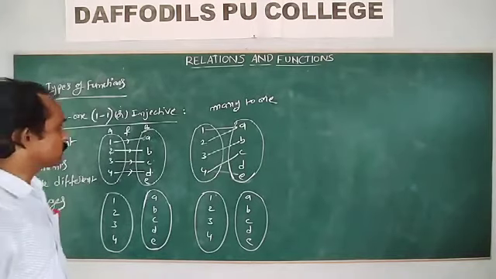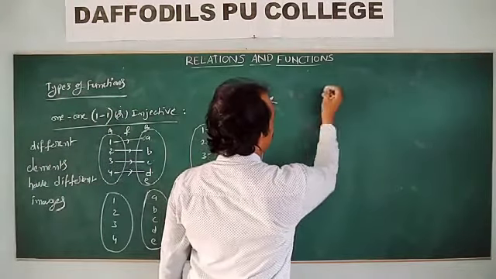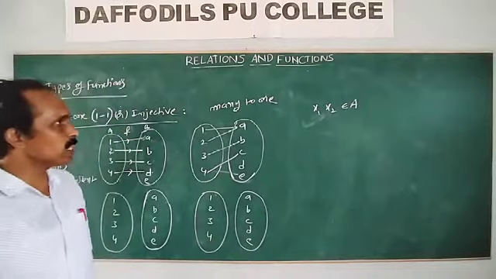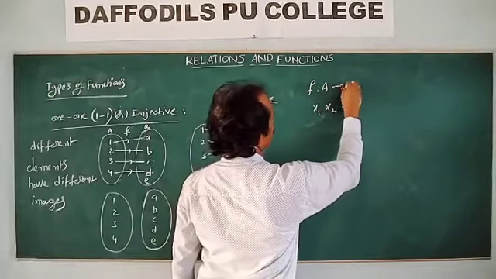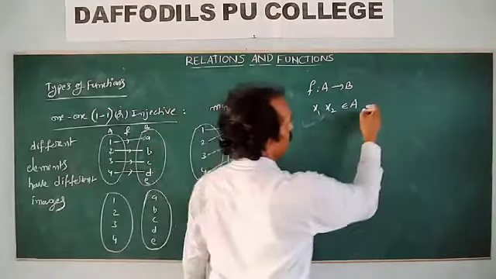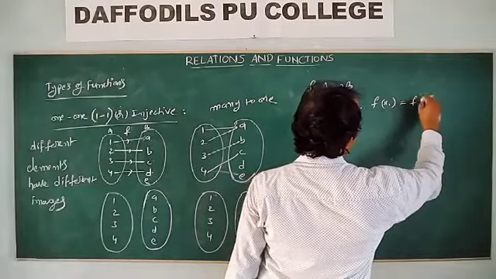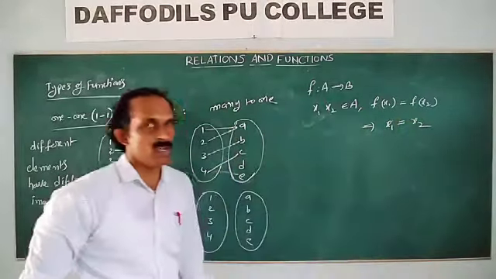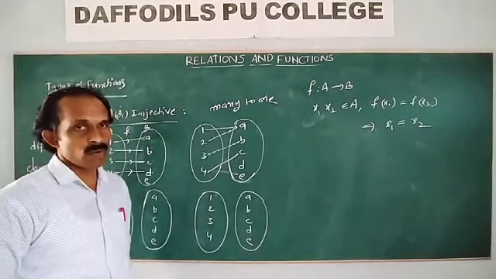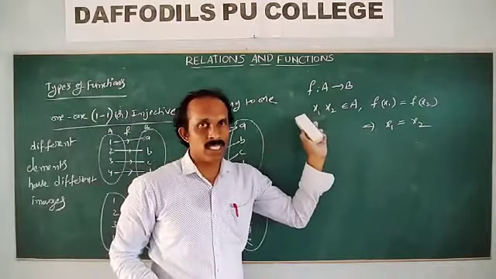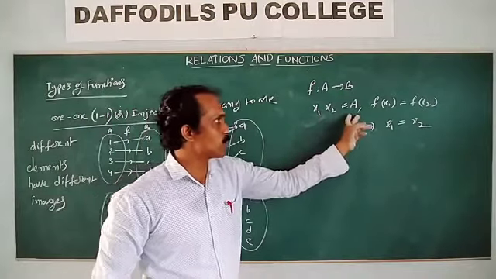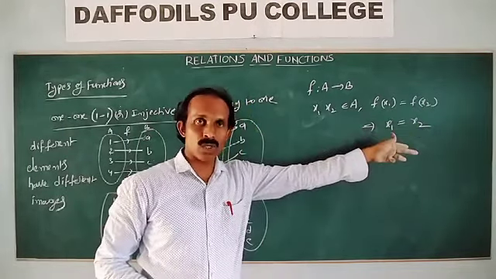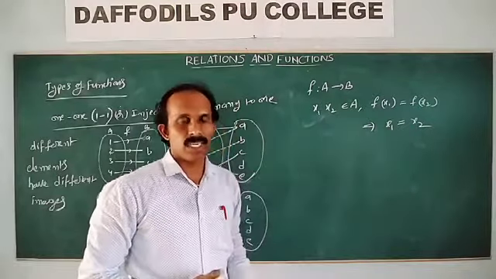Clear? Theoretically, A and B are two non-empty sets, f maps A to B is a function, and x1, x2 belong to A. If f of x1 is equal to f of x2 implies that x1 is equal to x2, then different elements have different images.